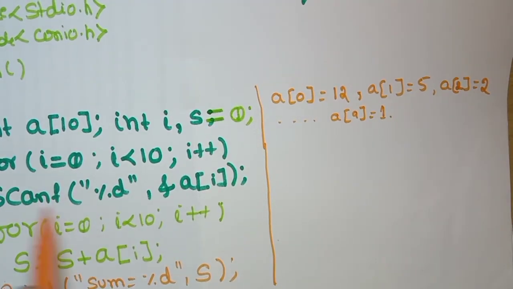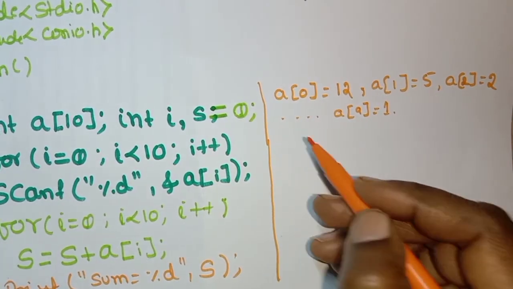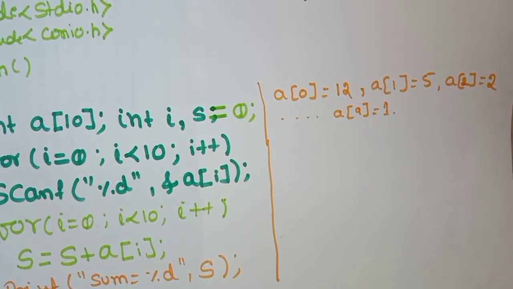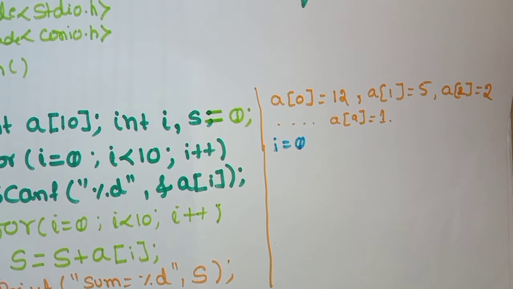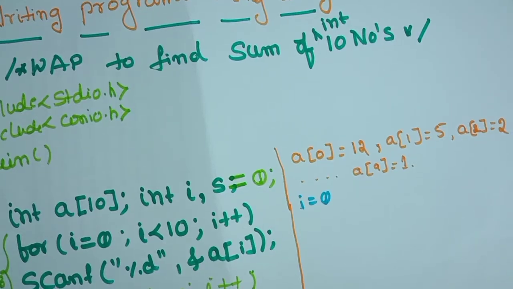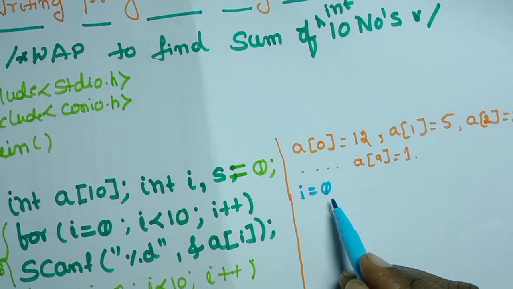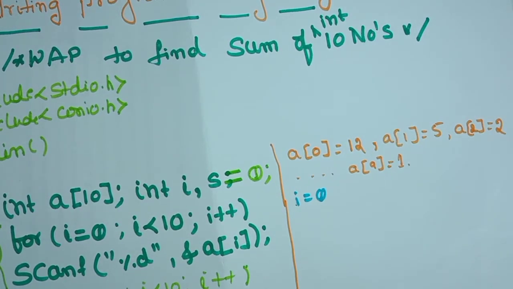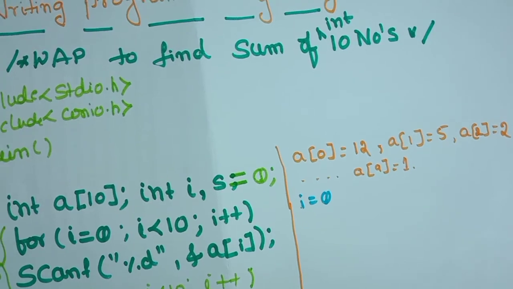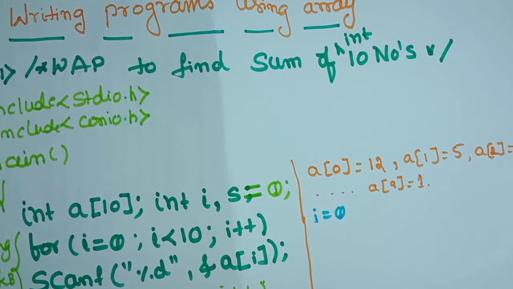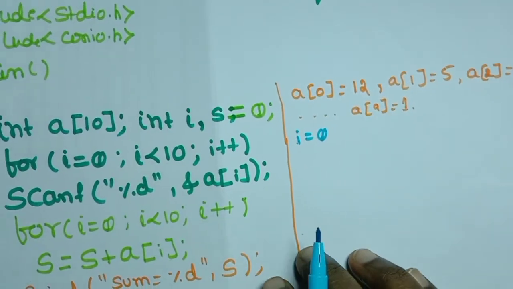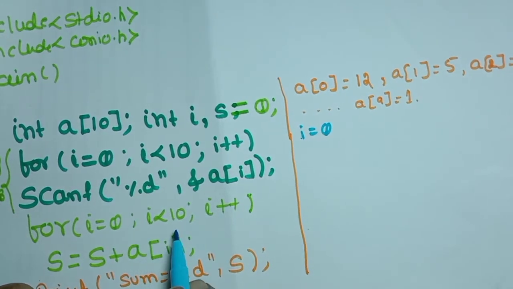That means this is read by this statement. Now what happens, you see, for i is equal to 0. i is equal to 0, 0 is less than 10.